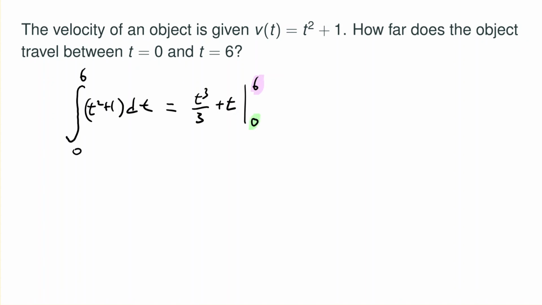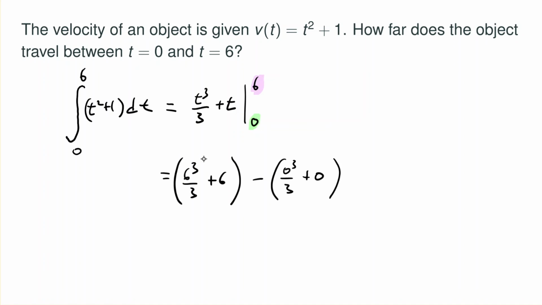But it has to be this order where we plug 6 first. So I have 6 cubed over 3 plus 6. And it's good to have parentheses here as a habit. Minus plug 0 in: 0 cubed over 3 plus 0. So plug 6 here, and plug 0 here.